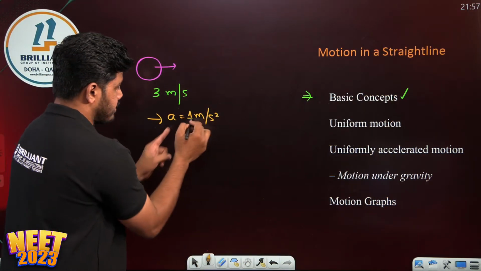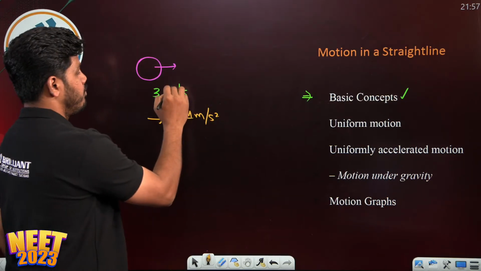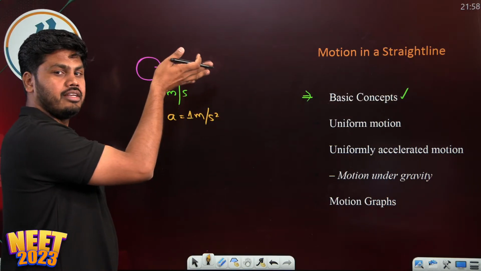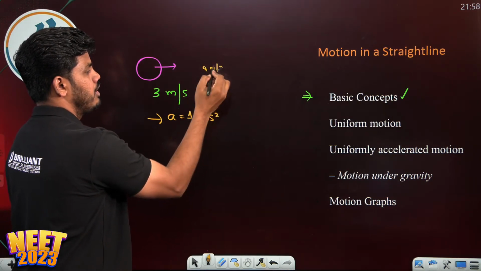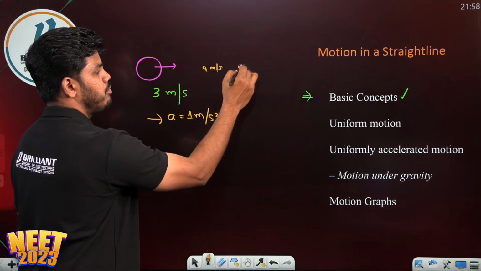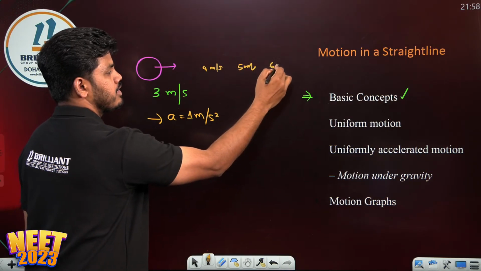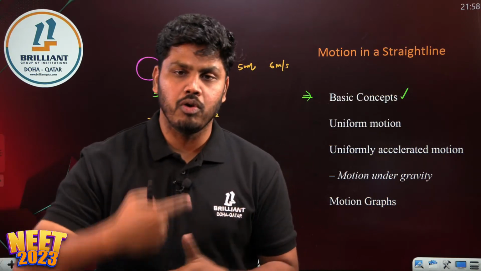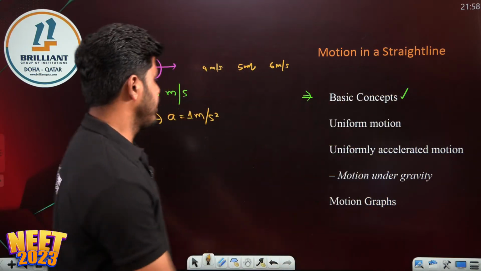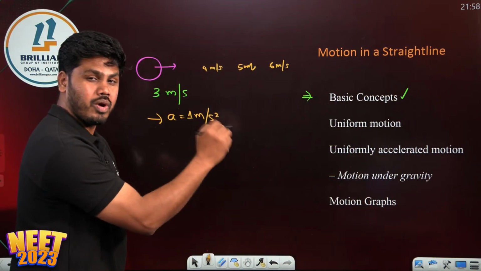If you apply that acceleration, velocity keeps on increasing, right? After 1 second, velocity becomes 4 meters per second, then 5 in the next second, then 6. A 1 meter per second change in velocity in every second. That is the meaning of 1 meter per second square.